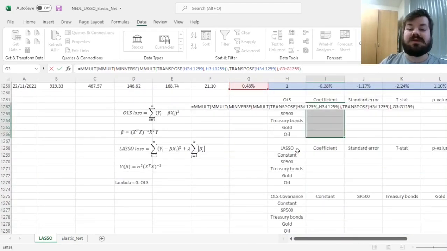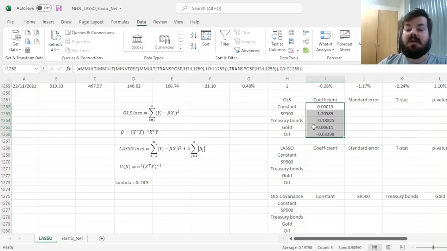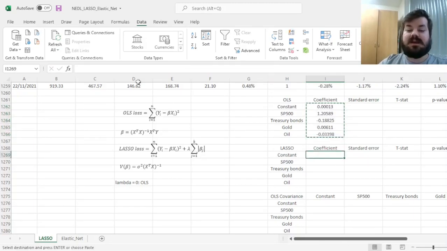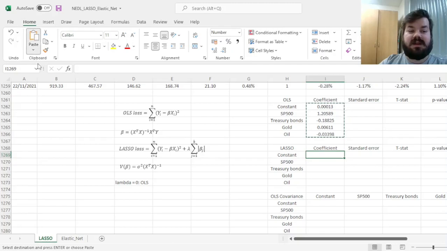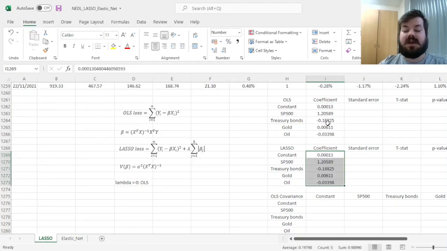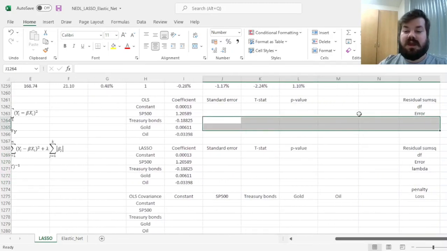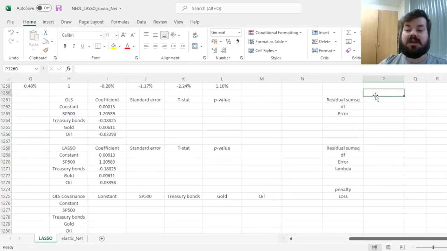And now we can enforce this using Shift-Control-Enter and get our OLS coefficients. And let's copy them down here as values so that we start with the same set of coefficients for both of our models.